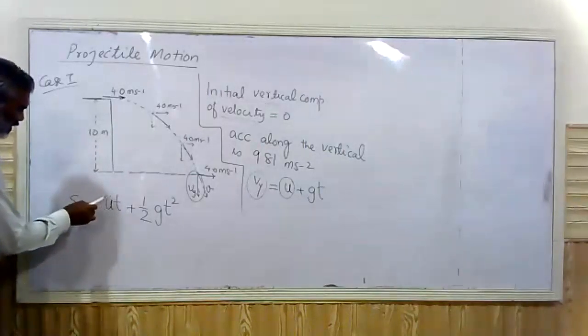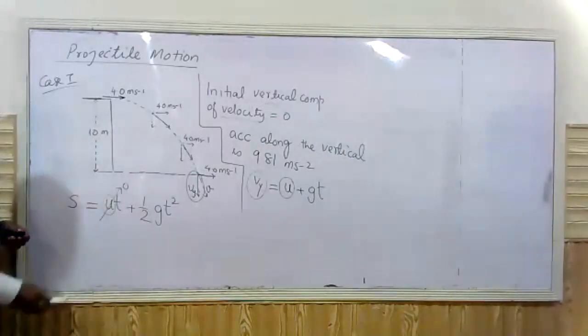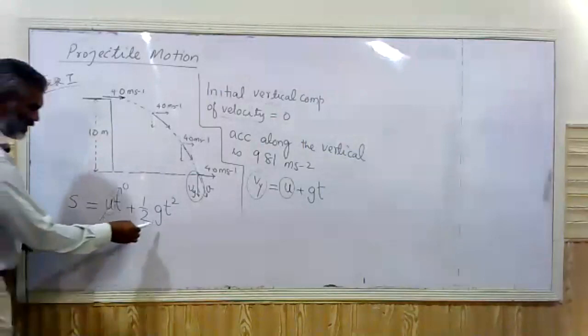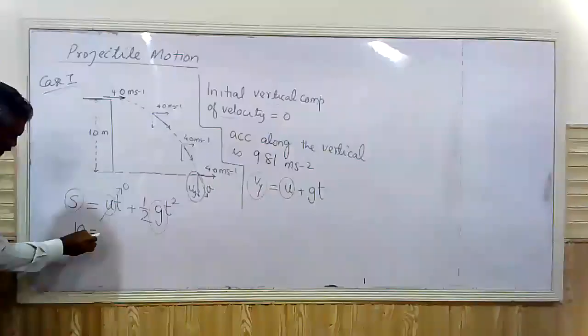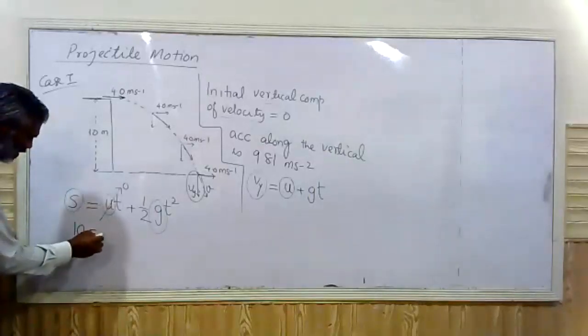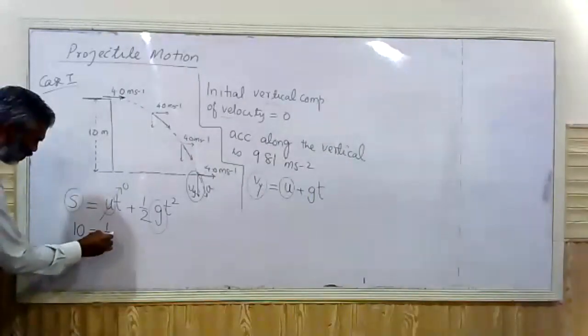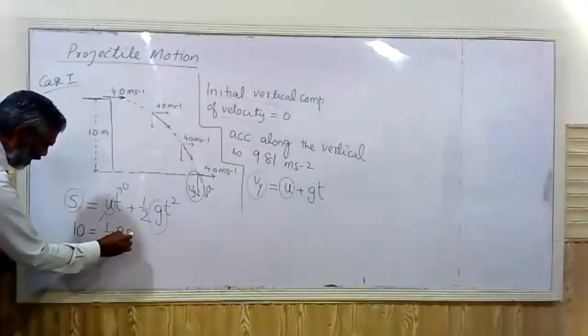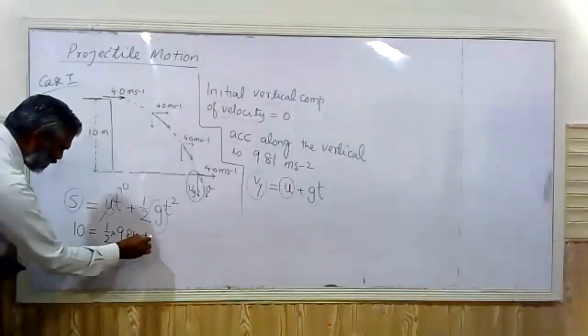Here u is the initial velocity, because I'm applying this equation along the vertical, so this is 0. This g is 9.81 and s is the displacement of the object along the vertical. So 10 is equal to 0 plus 1/2 into 9.81 into t squared.